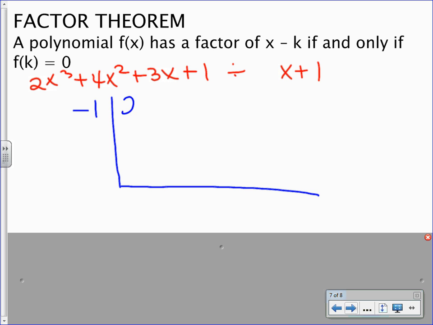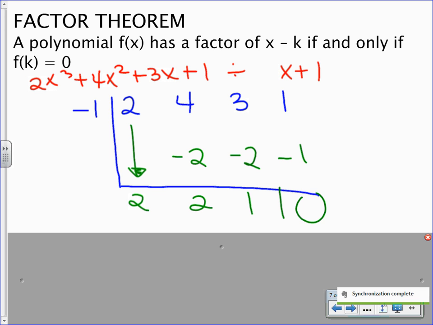And we have 2, 4, 3, 1. We bring the 2 down, 2 times -1, we add our column, 2 times -1, we add our column, 1 times -1 is 0 when we add our column. I put a happy face in my 0.